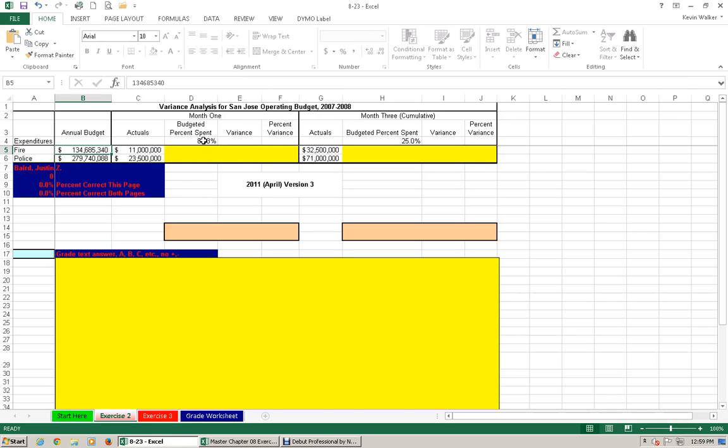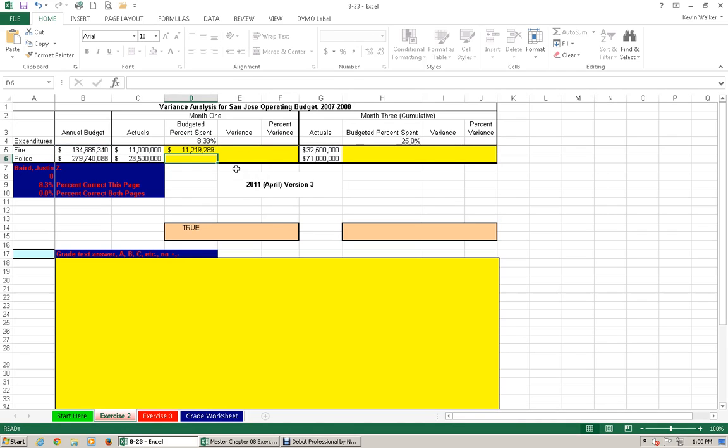We want to know how much that is. So, pretty simple: equals B5 times D4. Remember, D4 represents that 8.33%, which is 1/12 of your yearly budget. It represents what you budget for 1 month.